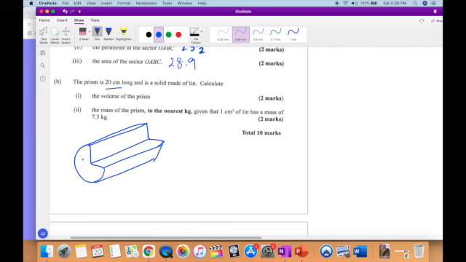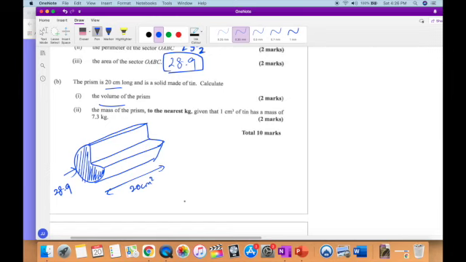We just calculated the area of this sector here, and we found the area of the sector to be 28.9. And now they're telling us that the prism is 20 centimeters long. They want to know the volume of the prism.